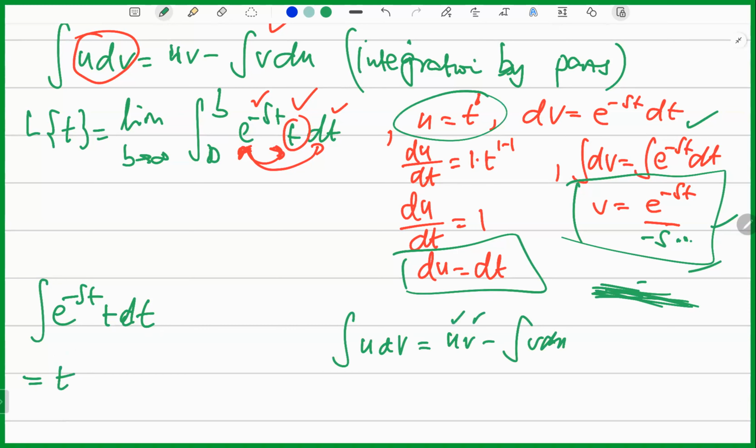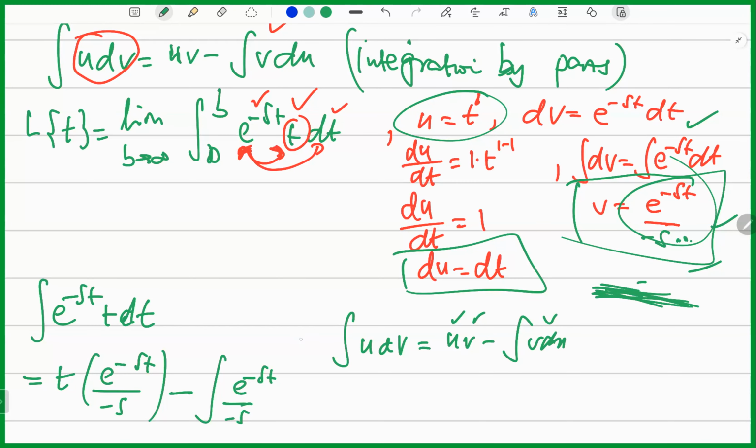What is v? v is e to the minus st over minus s, minus the integral of v du. v is e to the minus st over minus s, and du becomes dt.